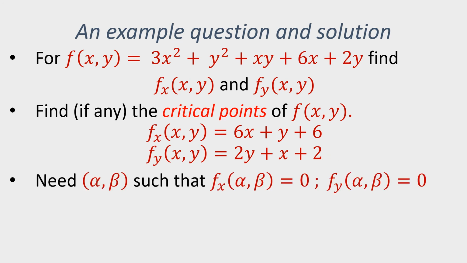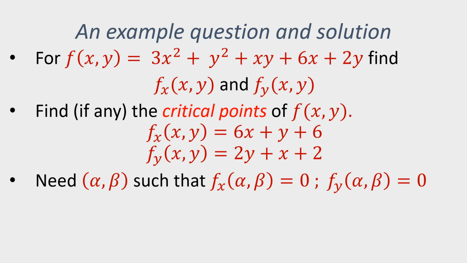To find the critical point, we need to find values which make this function equal to 0 and at the same time make this function equal to 0. So therefore, let's satisfy these two conditions.